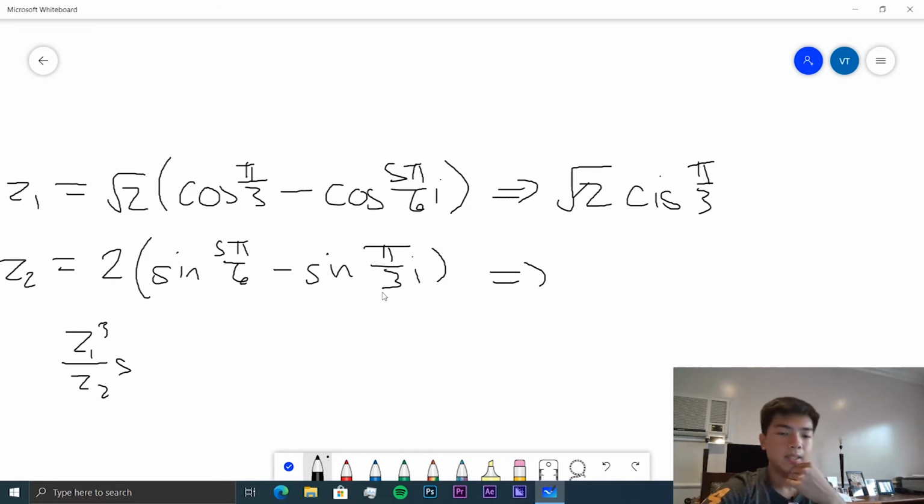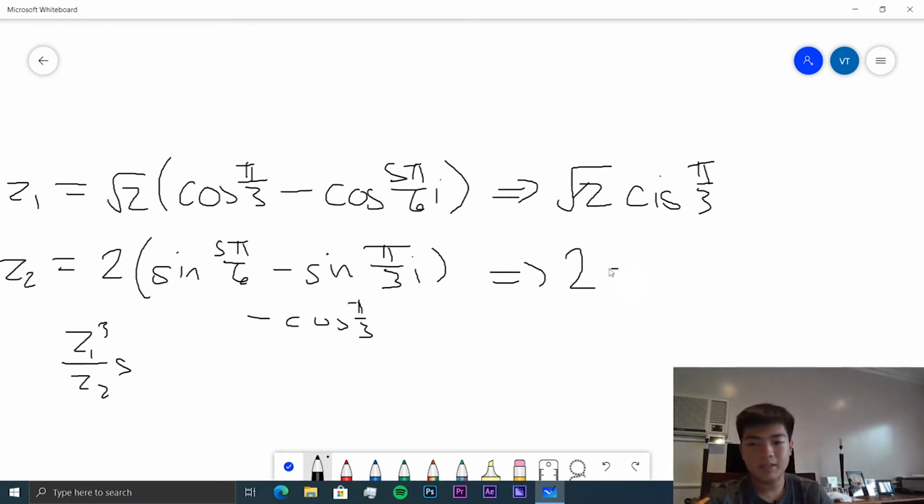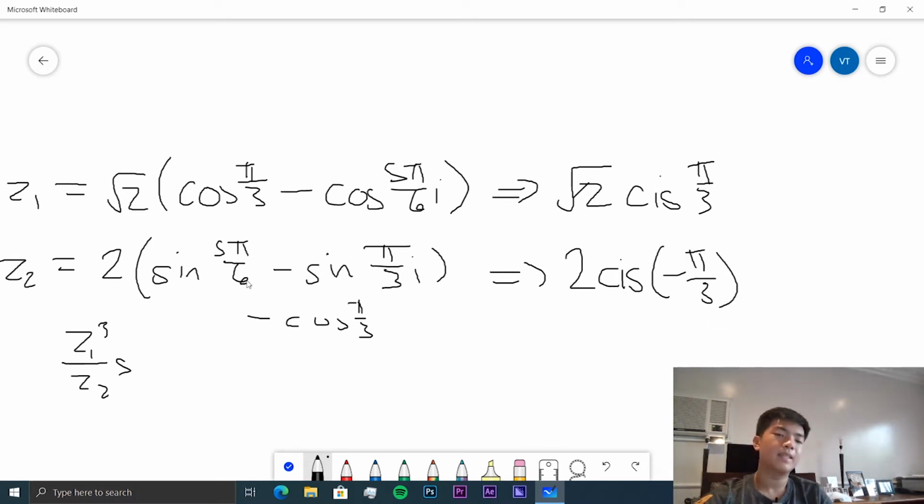And here, sine 5 pi over 6 is 1/2 minus sine pi over 3. Oh, I got it. This can be 2 cis negative pi over 3, since this is equivalent to 0.5 minus square root 3 over 2, so 1/2 minus square root 3 over 2 i, which is negative pi over 3.